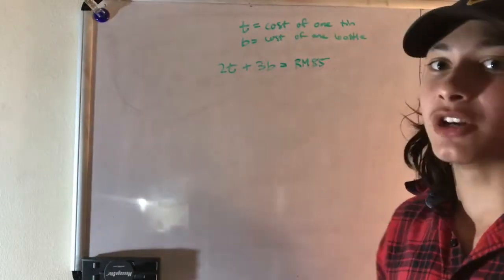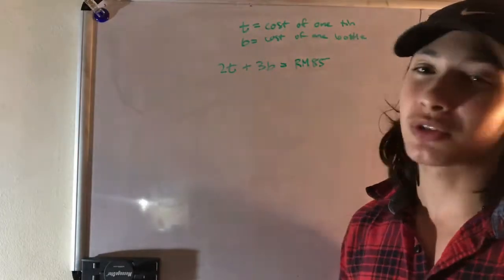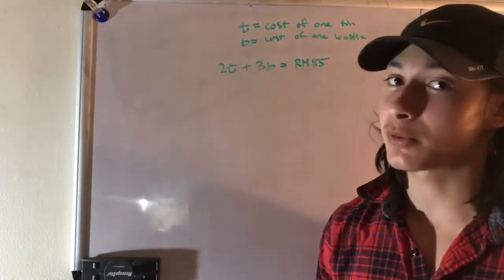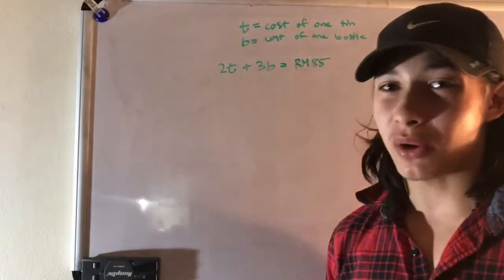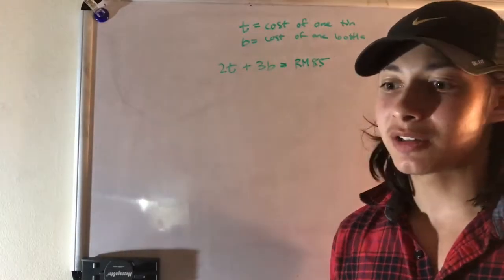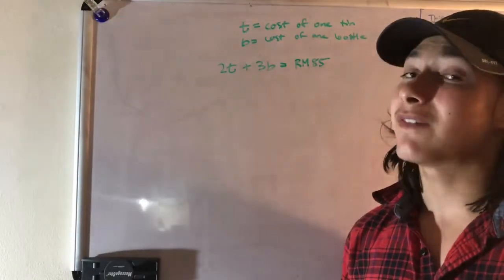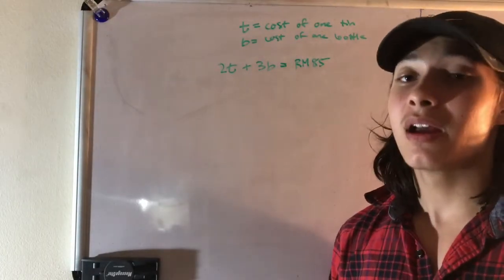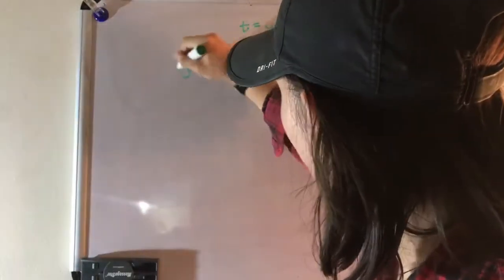Now, originally I didn't know what RM was, but apparently it's Malaysian currency, so that's kind of interesting, but I was still able to solve the problem and help this person out. So now we have one equation, but what do we do with that equation? Well, the problem also lists that a tin of milk is 5 more expensive than a bottle of oil. So that gives us a second equation. I'm going to label this as the first equation.